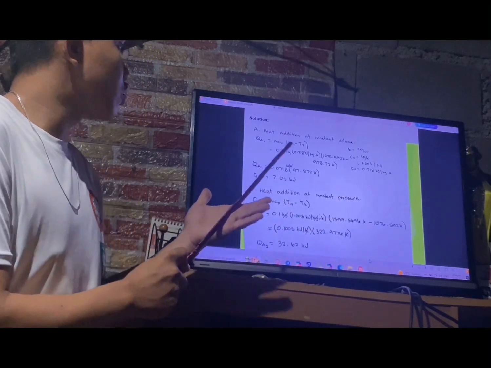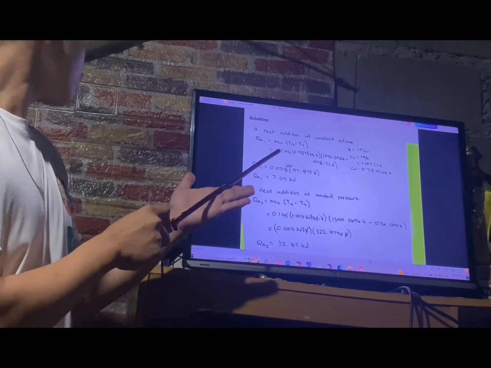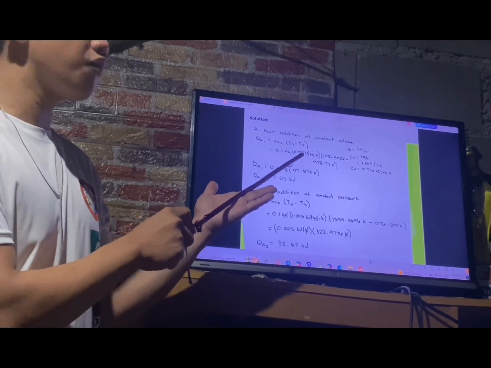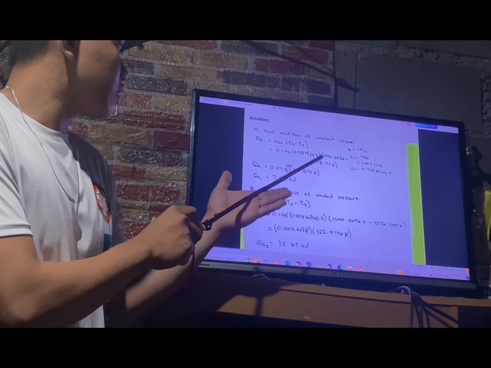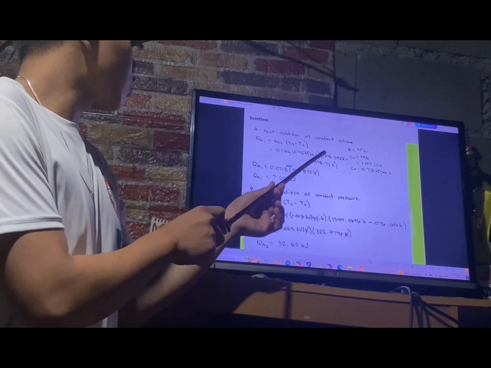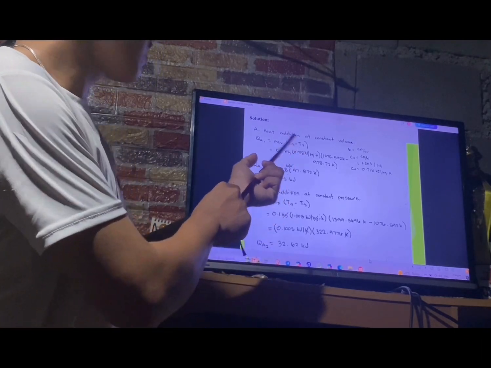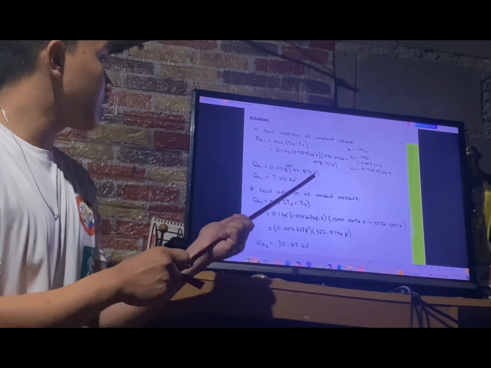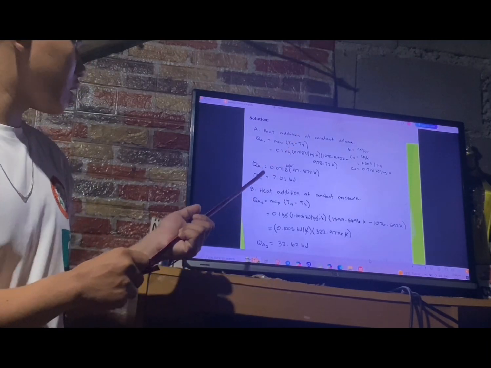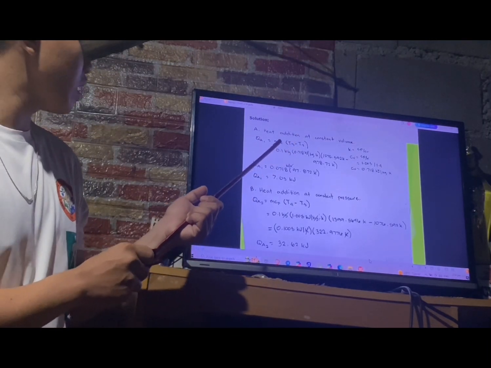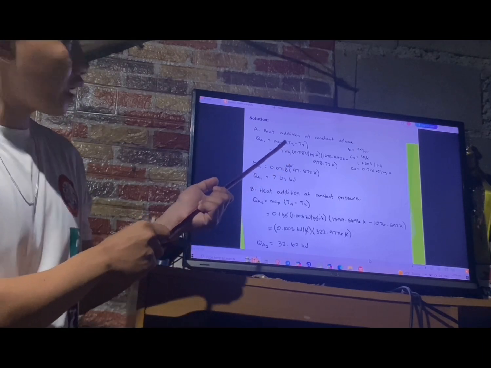So substitute the value of Cv here. m is 0.1 kilogram, Cv is 0.718 kilojoules per kilogram Kelvin, and the temperature 3 is 1076.592 Kelvin, and the temperature 2 is 978.72. So 0.1 times 0.718 is 0.0718 kilojoules per Kelvin, because we cancel out the kilogram here.